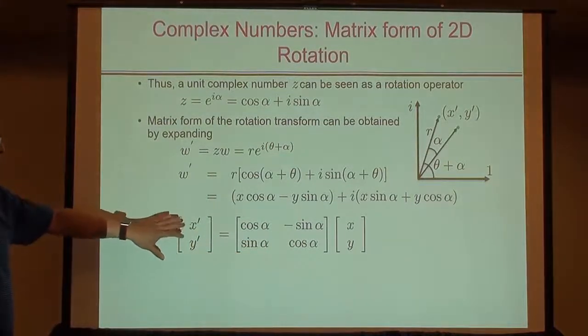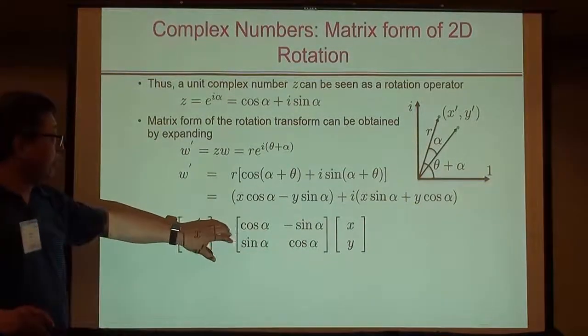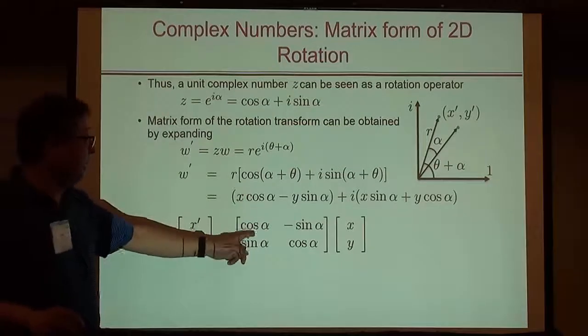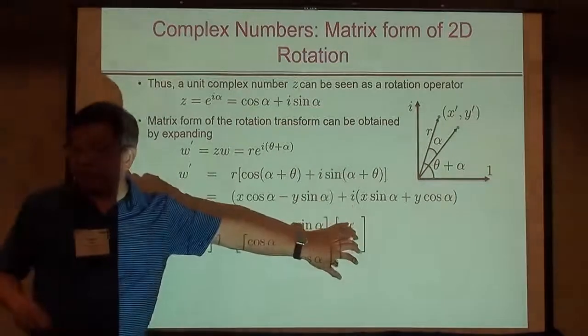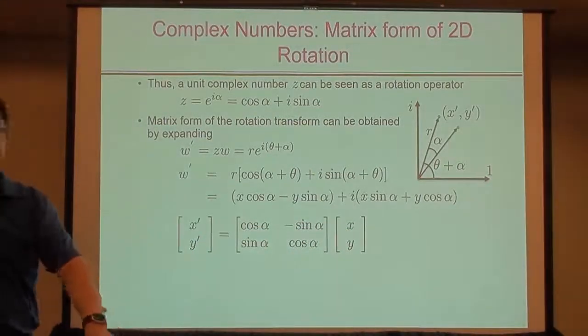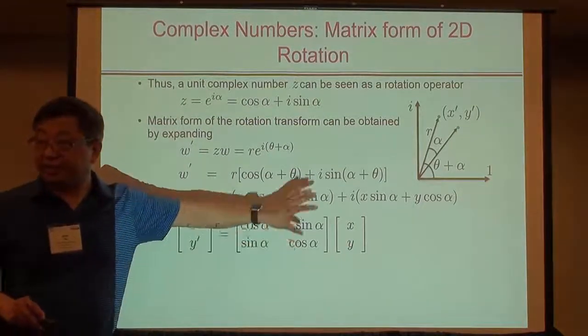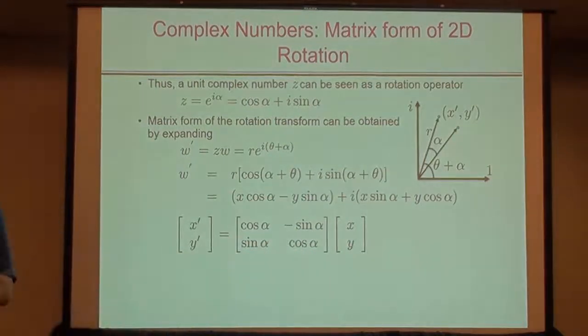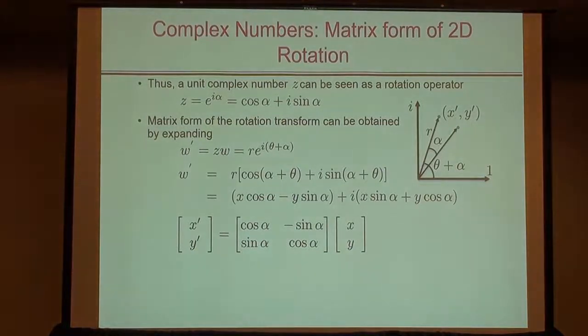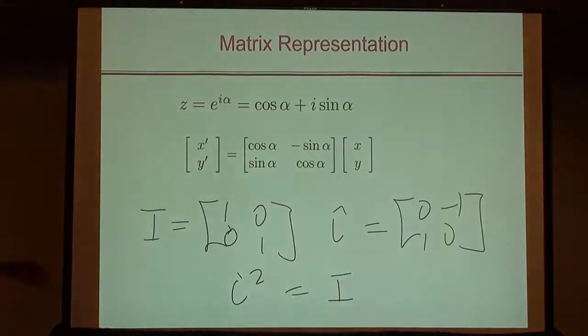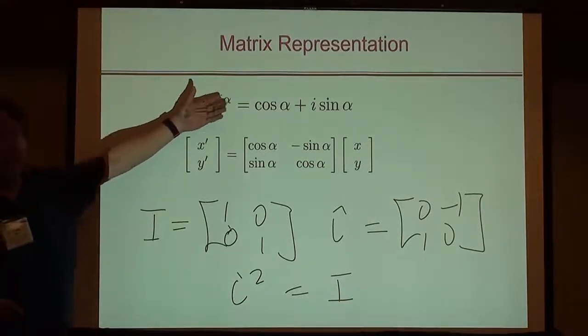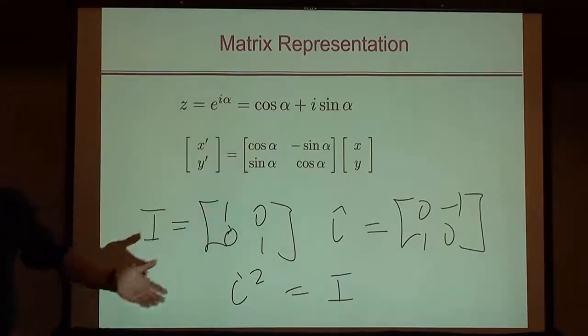In terms of complex numbers, you are basically doing e to the i alpha times the vector, and here's the matrix that times the vector, and the net effect is the same. So the question is, what does that tell you? What does that mean?